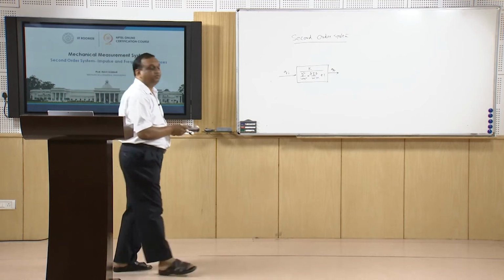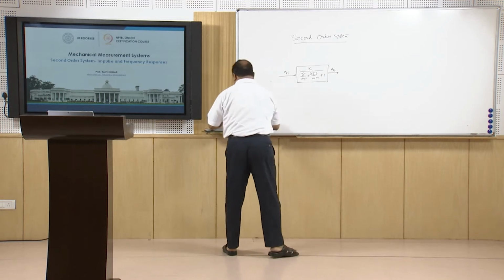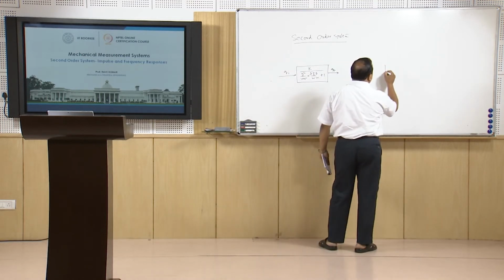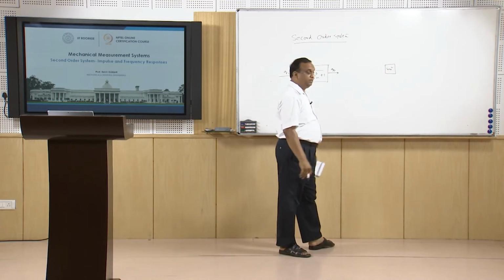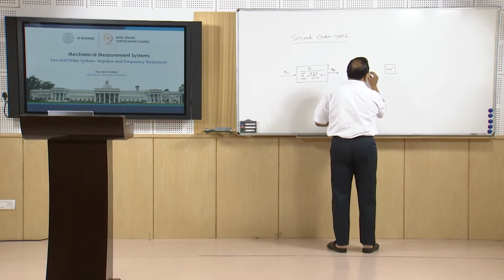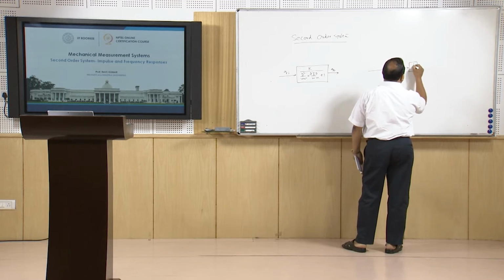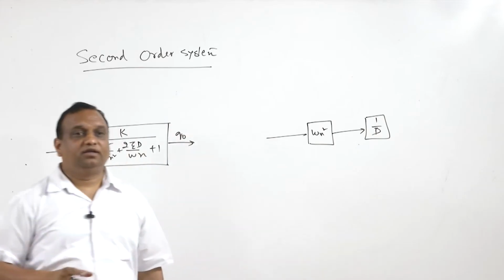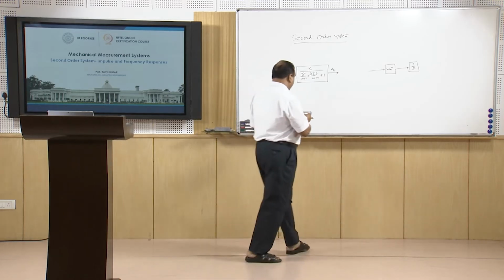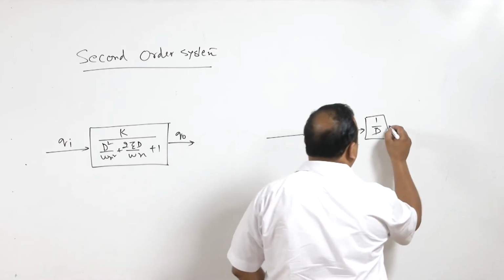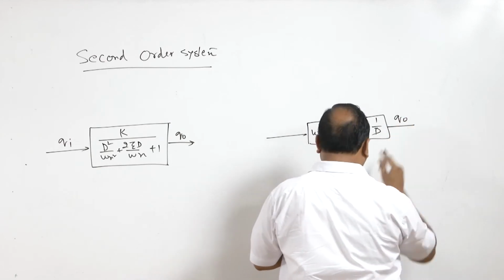Now if we break this block diagram, we will get omega n square, and after omega n square there is a differentiation. If you remember, if we differentiate the step input, it becomes an impulse. Then this qo is differentiated again.